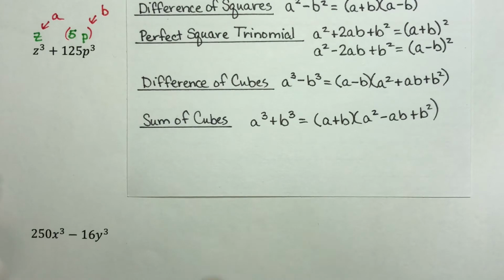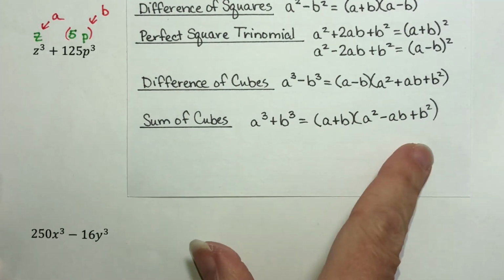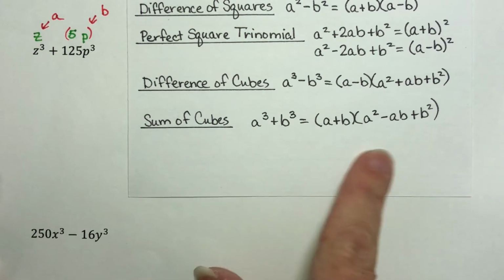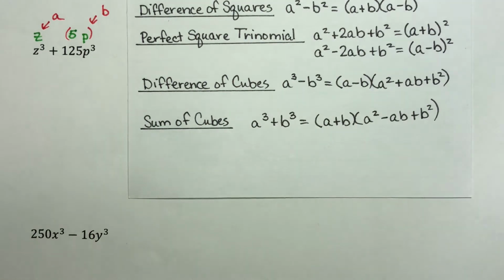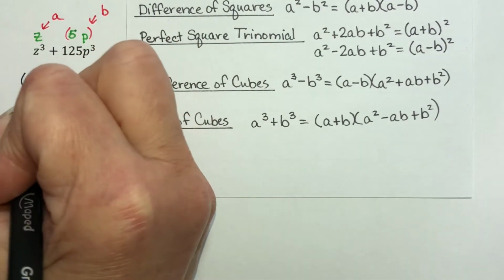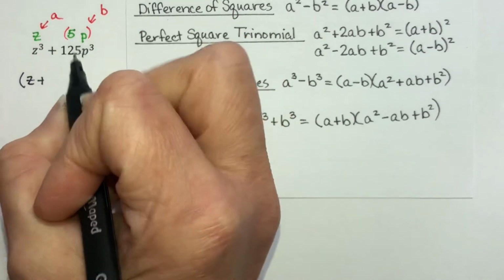And I'm just going to follow this pattern exactly. You will get to where you can do the simplification in your head, but don't worry about that for a while. This is going to factor as a plus b. So my a is z plus my b is 5p.